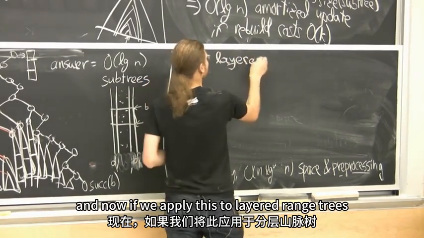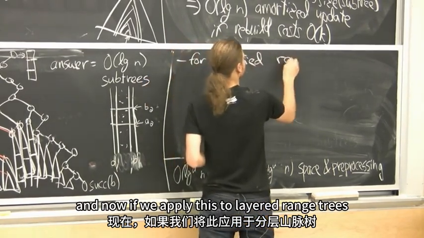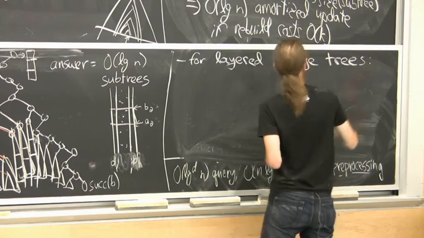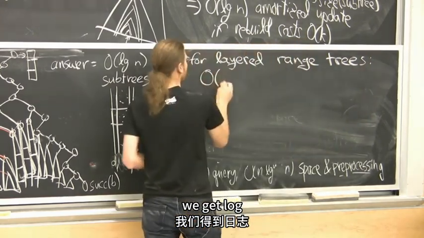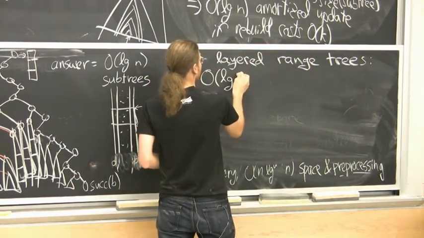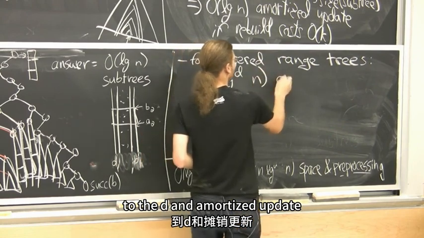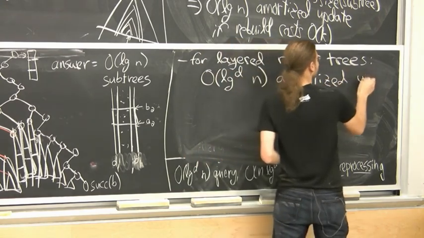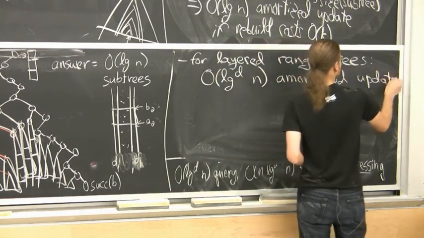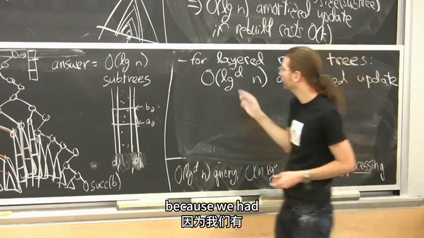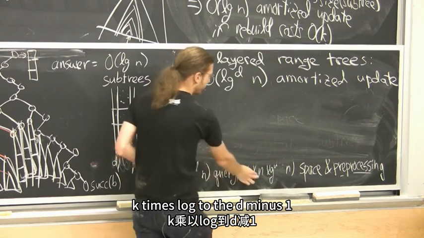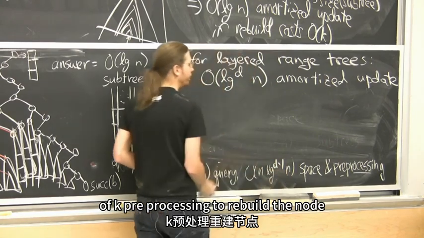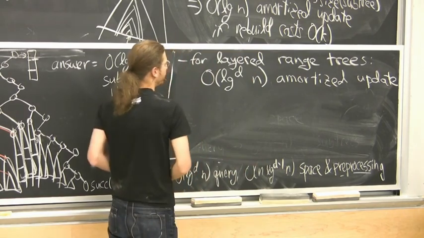And now if we apply this to layered range trees, we get log to the d n amortized update. Because we had k times log to the d minus 1 of k preprocessing to rebuild the node.